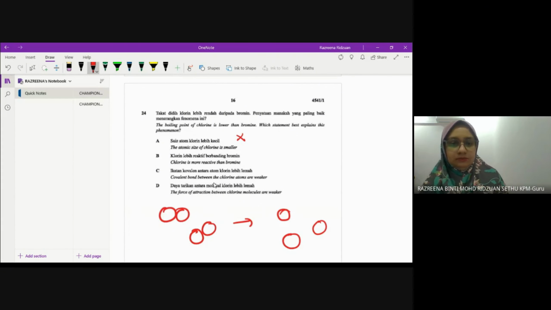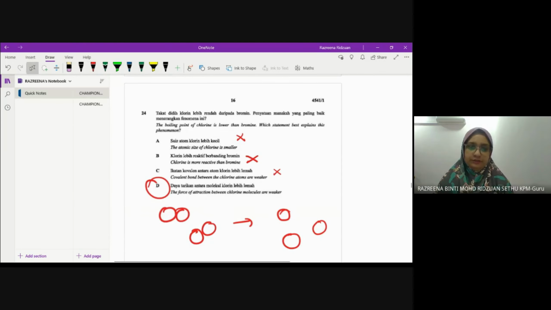Chlorine is more reactive. No, reactivity has nothing to do with boiling point. Covalent bond between chlorine atoms are weaker. No, it's actually the forces of attraction between the chlorine molecules that are weaker compared to bromine. Yes, because they are smaller in size, the attraction force is weaker. But to explain best, it should be the forces of attraction.